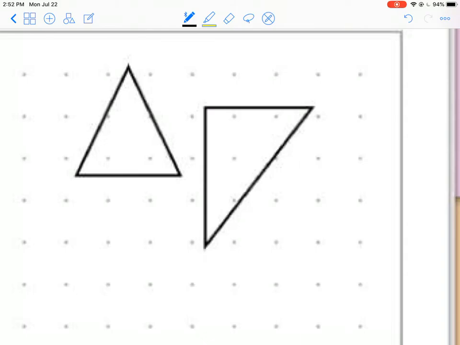This one is tricky because we have 1, 2, 3. 1, 2, 3. So they're both triangles. They're in the same family. But here's the thing. You see how this one has that 90-degree corner and two acute angles? These are all acute.